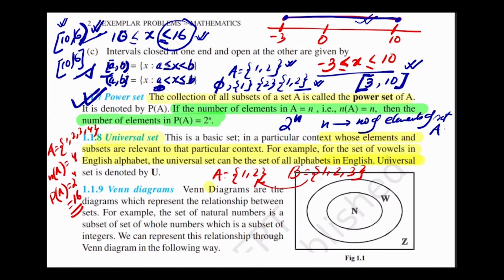Now we can make it bigger. If I have 1, 2, we can take the universal set equal to the set of all natural numbers. If somebody says, sir, why not take whole numbers, yes, definitely we can. Then somebody says, why not all the integers?